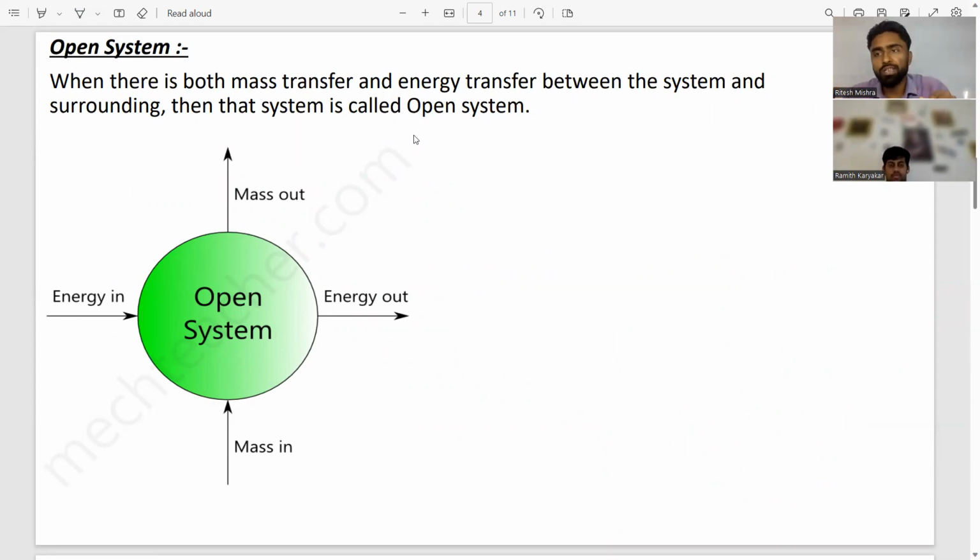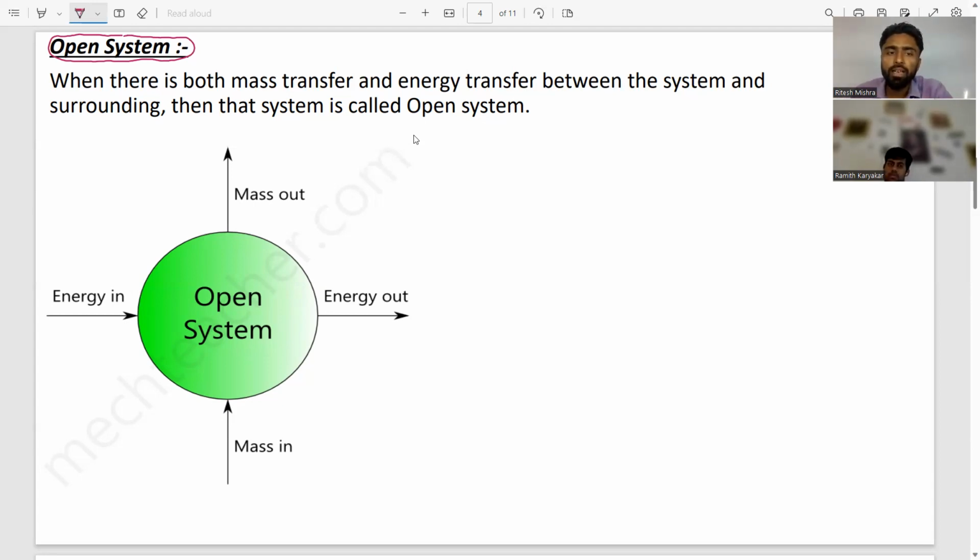Here the system is open, and when the system is open, there can be mass transfer between the system and surrounding. So please go through the name; 50% of the concept will be clear through the name itself.